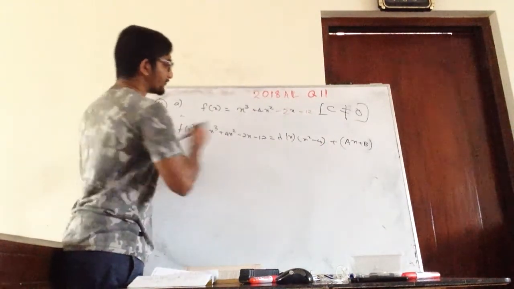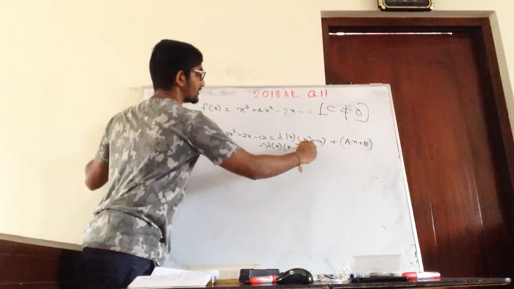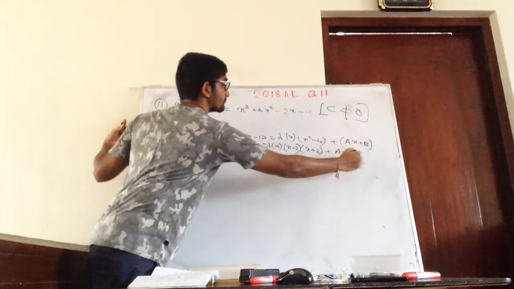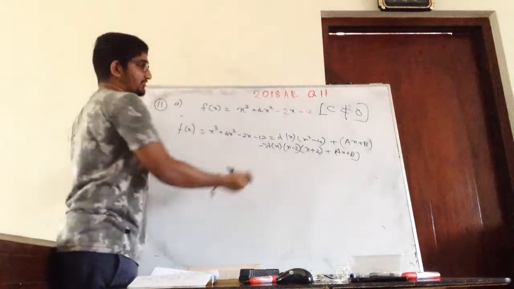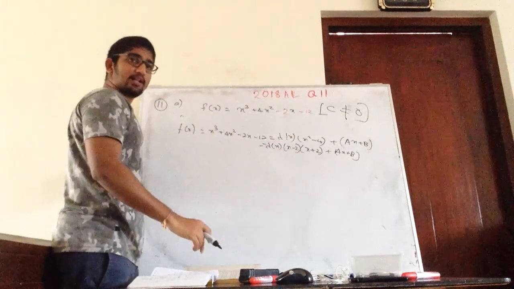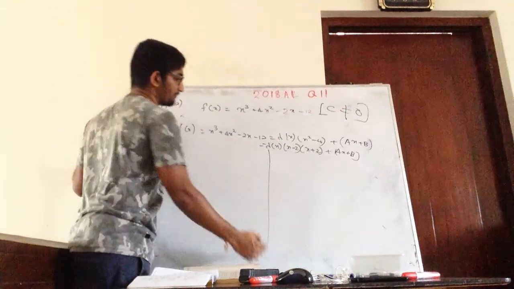So x squared minus 4 can be written as x minus 2 times x plus 2. So now we just need to substitute x equals 2, x equals minus 2 and get the answer. So let us do that now.